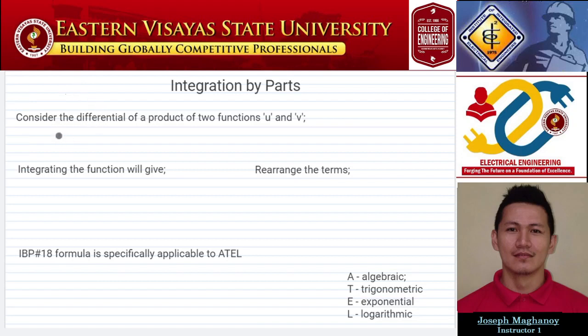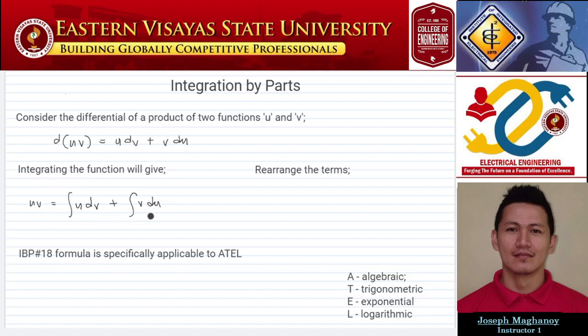So the differential of a product uv is equal to u dv plus v du. Now if we're going to integrate the function uv, we get the integral of u dv plus v du.